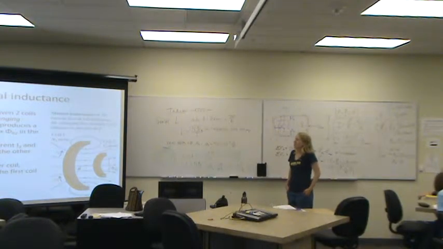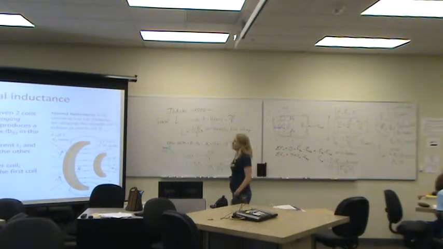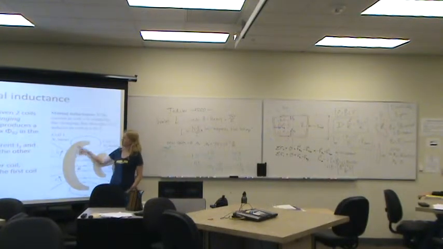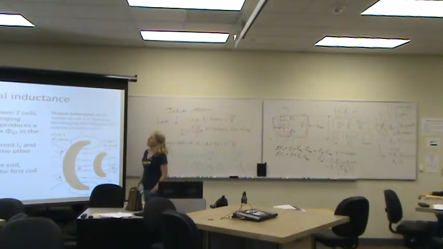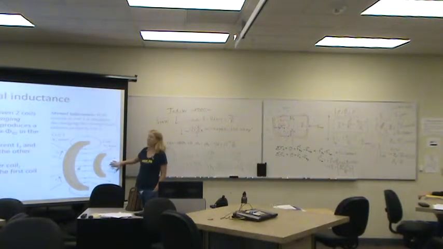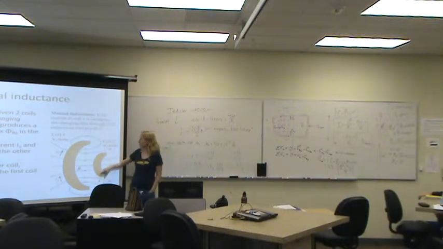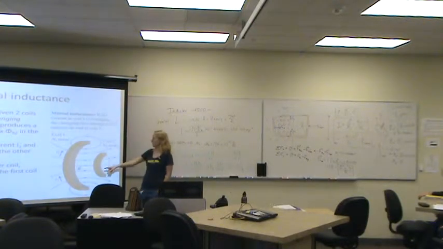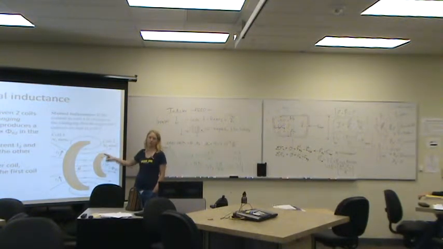If you change the current in one of them, so for this picture they're changing the current in the big coil, and they call that I1, it's going to produce a changing magnetic field and thus a changing magnetic flux through the other one. So if your current is increasing in the big loop, then the B field that creates is going to be increasing through the other loop.